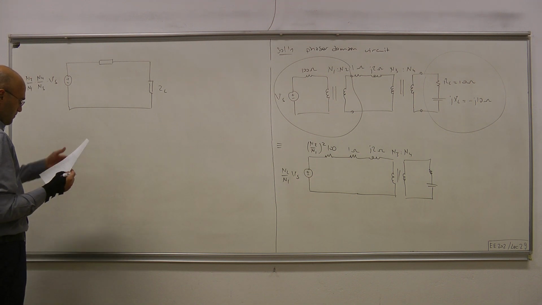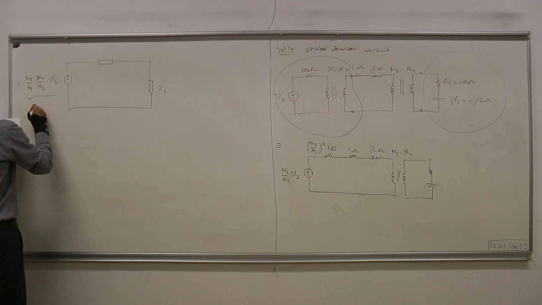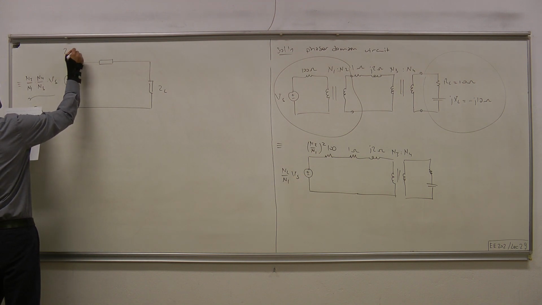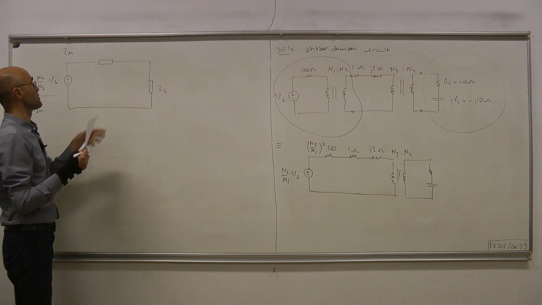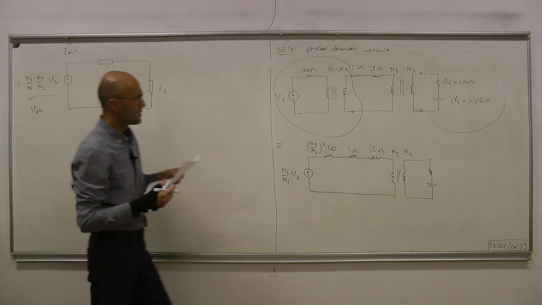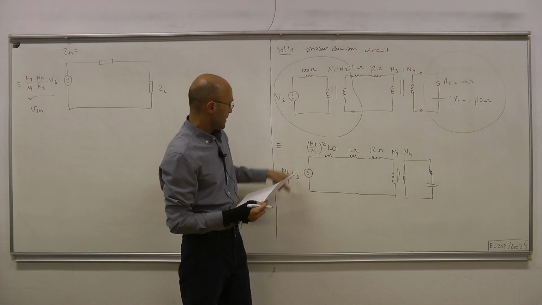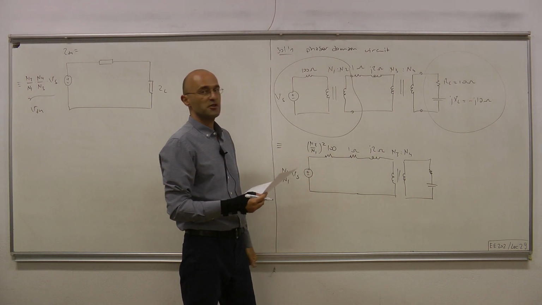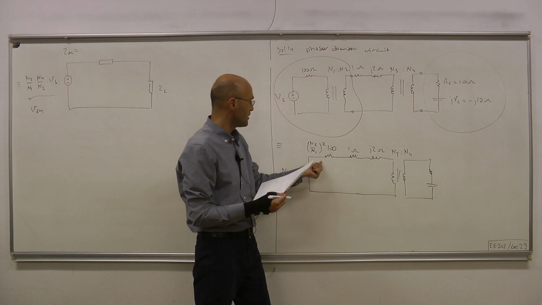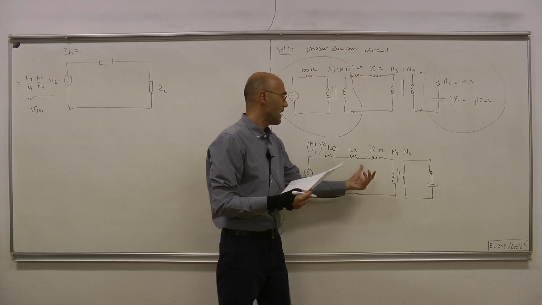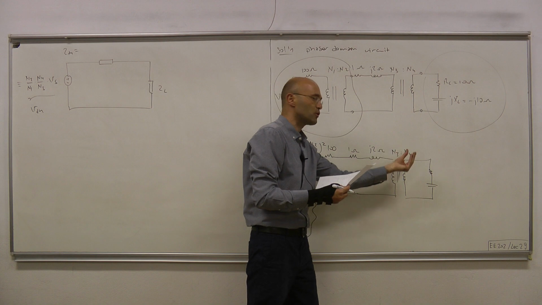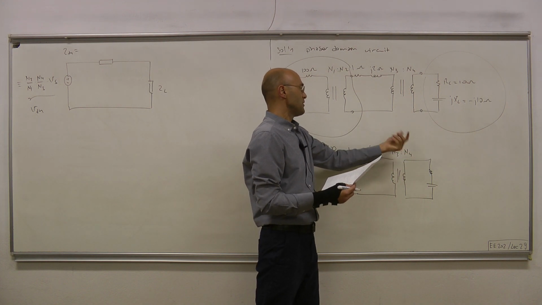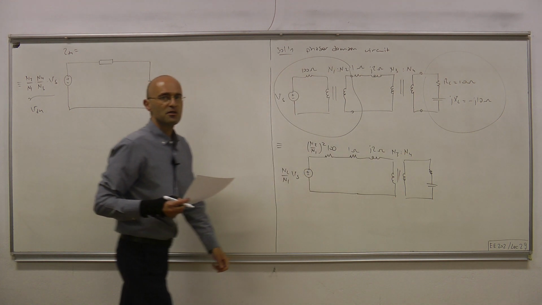Okay, what else? This is our V Thevenin. As for Z Thevenin, which is represented by this box here, we kill this source and replace it with a short circuit. Here we have the impedance of this plus that, and that impedance is transferred to the other side by the factor of N4 over N3 squared.